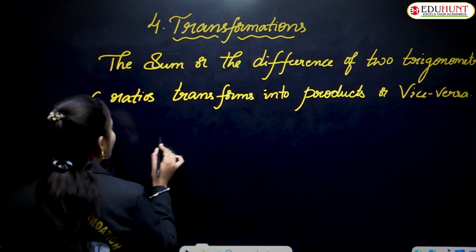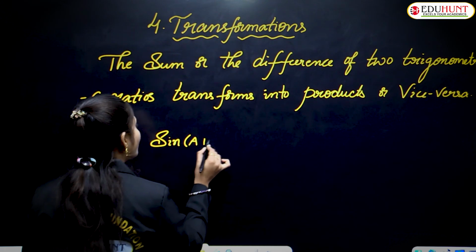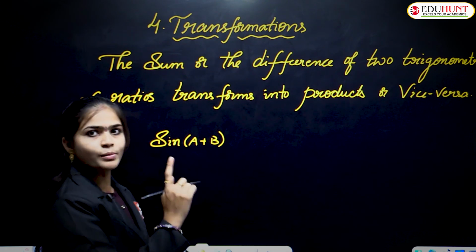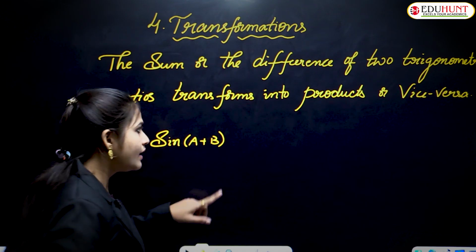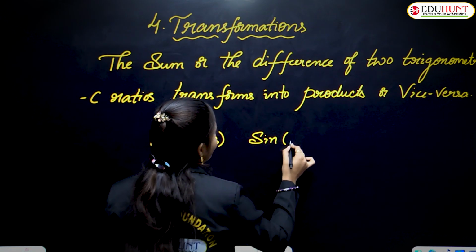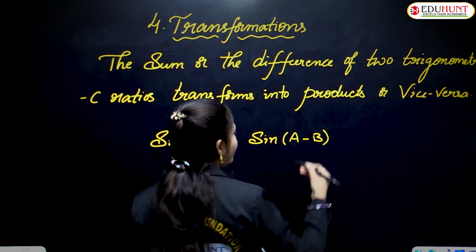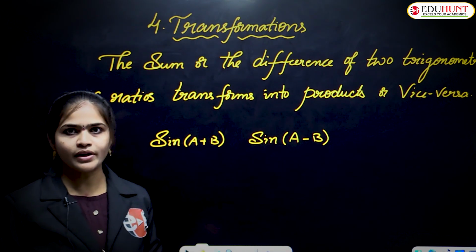So let us see one example. Here are two trigonometric ratios: sin of a plus b. We know the formula for that, it is related to compound angles. Another trigonometric ratio I am going to take is sin of a minus b, which we also know. Yes or no? Sin of a plus b and sin of a minus b.